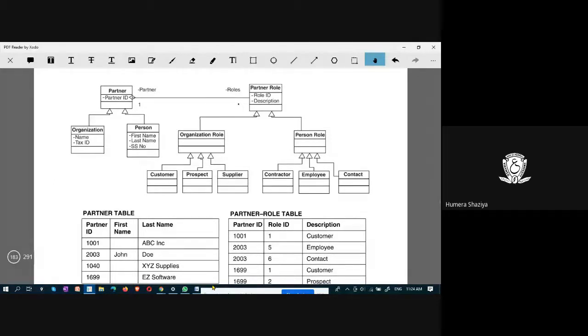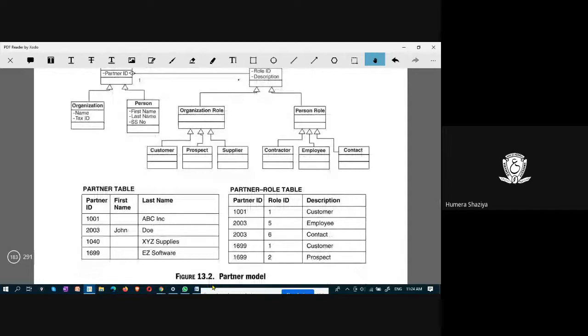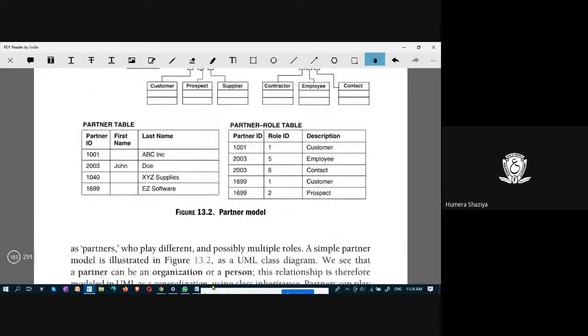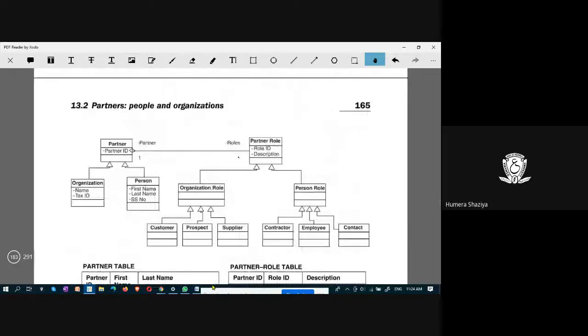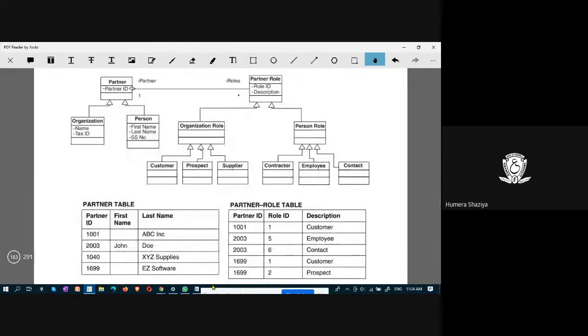The partner role denotes the role performed by this partner, and every partner would have a partner ID and other fields shown in this table: first name, last name, and partner ID. These three are the attributes of this table, followed by the partner role table having partner ID, role ID, and description.